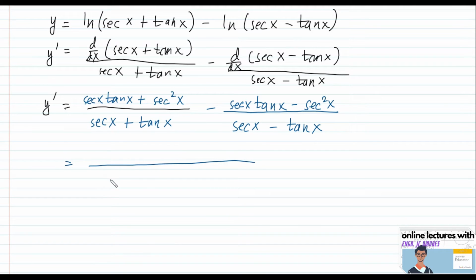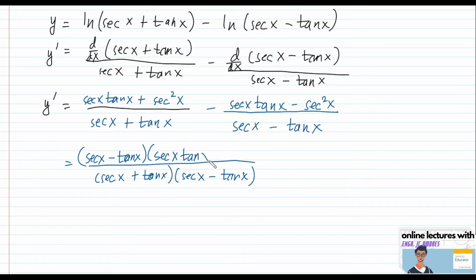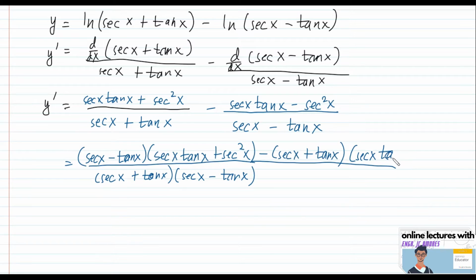If we get the LCD to be secant x plus tangent x times secant x minus tangent x, then we will have secant x minus tangent x times secant x tangent x plus secant square x, then minus secant x plus tangent x times secant x tangent x minus secant square x.